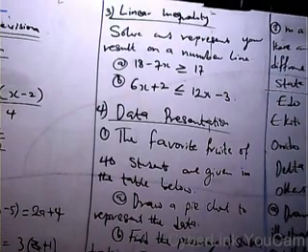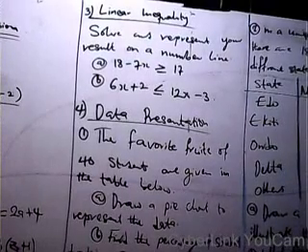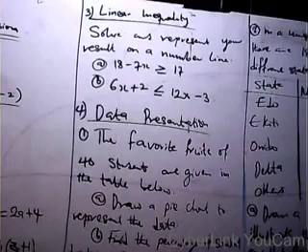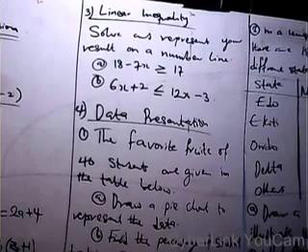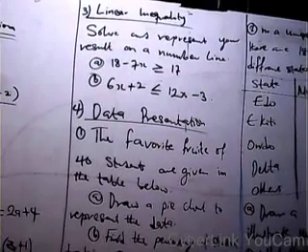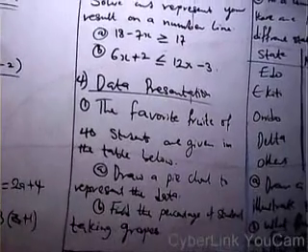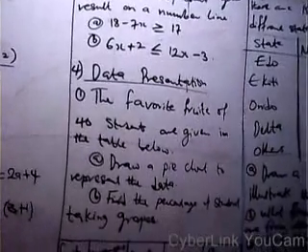The next one is on data processing. Here we have the favorite fruits of 40 students given in the table below. A. Draw a pie chart to represent the data. B. Find the percentage of students taking grapes.